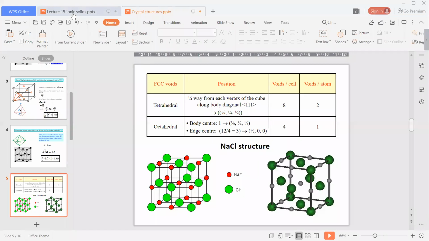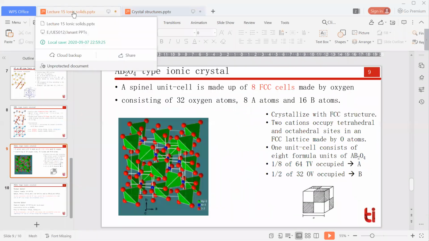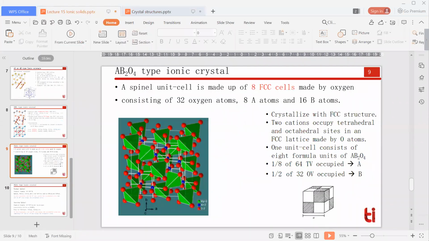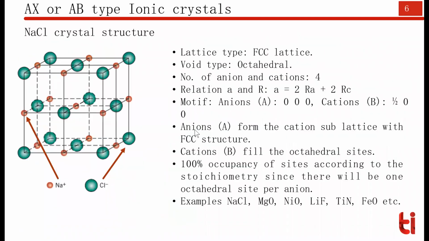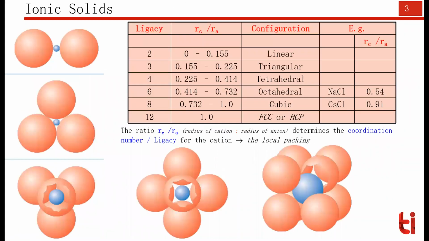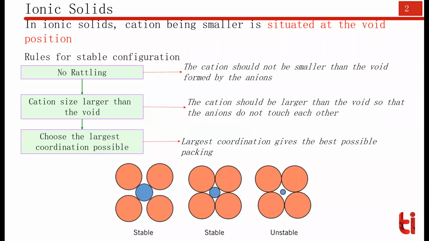Now we are moving to the example problems. We begin our discussion with the first unit cell type, which is the ionic solids.